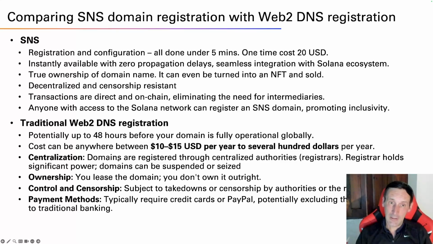So the total cost of ownership of Web2 is actually much bigger over the course of a number of years than the Web3 equivalent that you see here. It's more of a lease model, compared to the SNS, which you can wrap in an NFT and trade freely with other people. So you truly own your name, as opposed to the Web2 world, where they don't let you own anything.